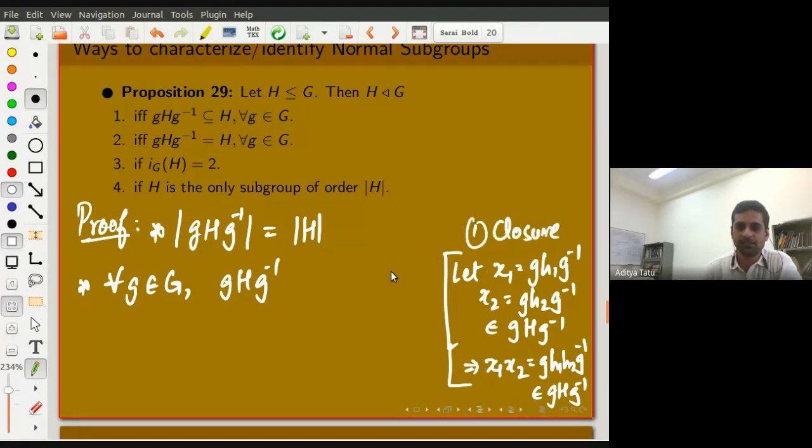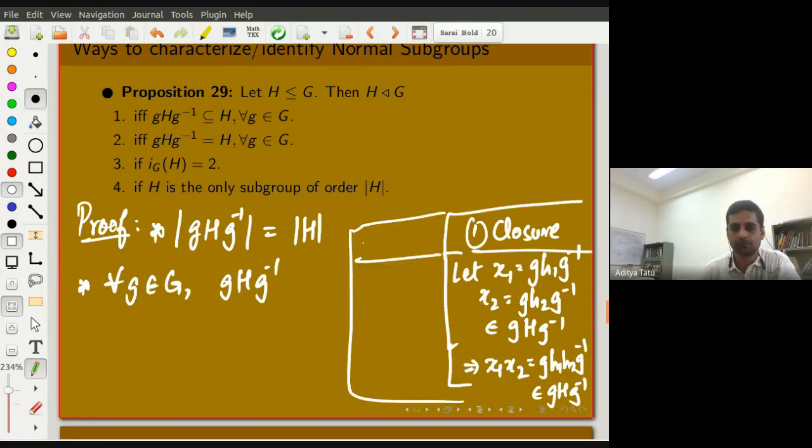How about inverse? So let x be g h g inverse.